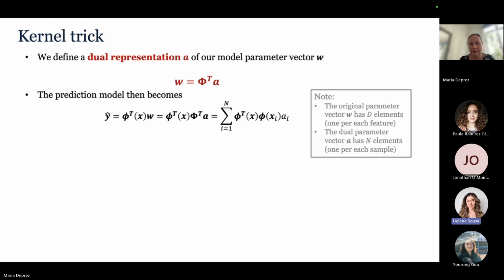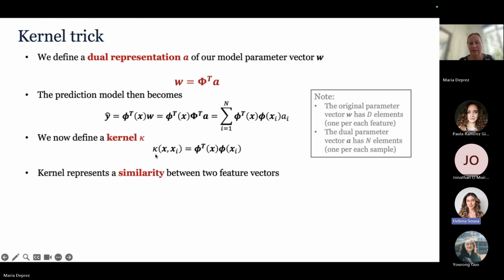So, and then we can put it into the prediction model. So this is our prediction model, and if we put this here, we actually end up with phi transpose x times phi xi, and this will be the kernel.